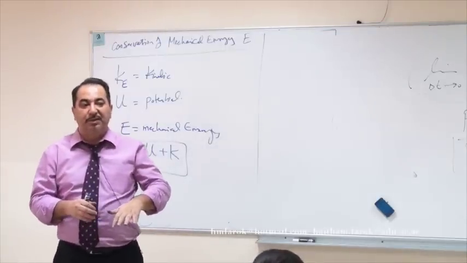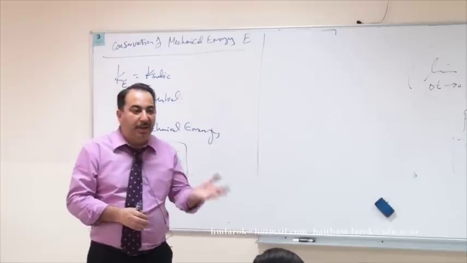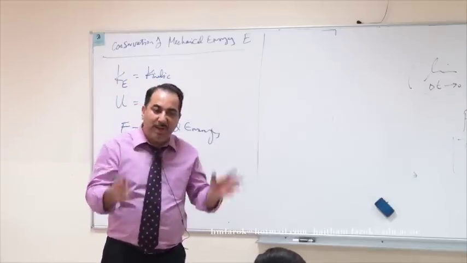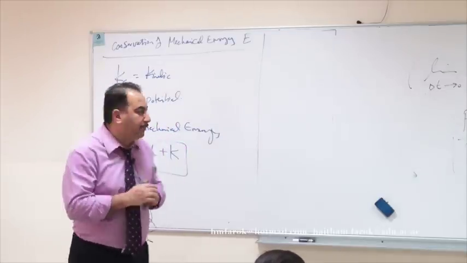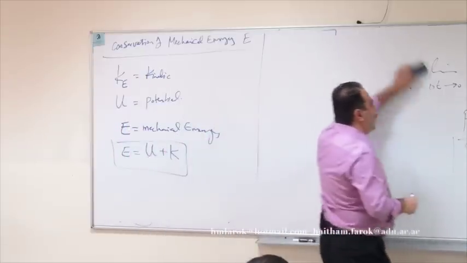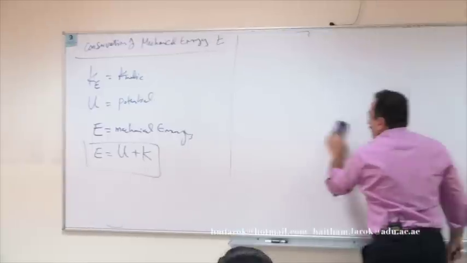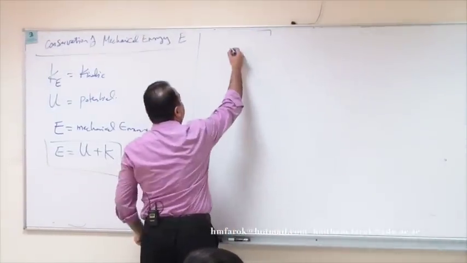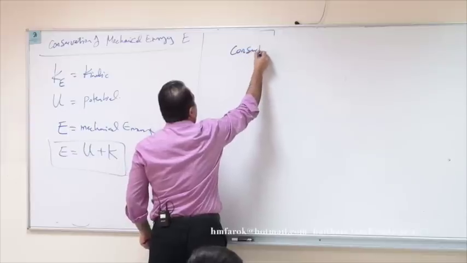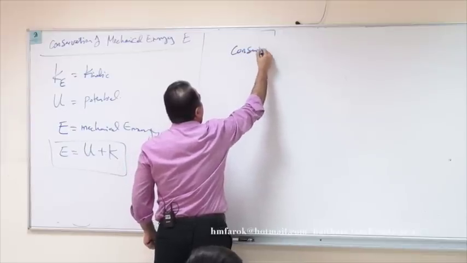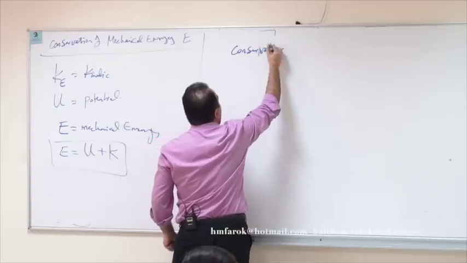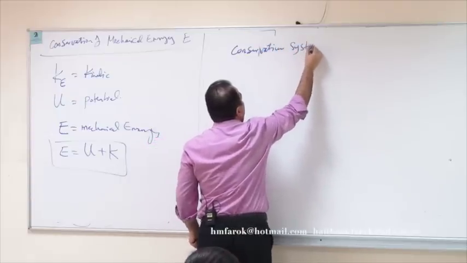It doesn't change, it may increase or decrease, but it goes back to the original value. Now, think of a conservative system. Not conservative force, conservative system. So I'll talk about conservative systems.